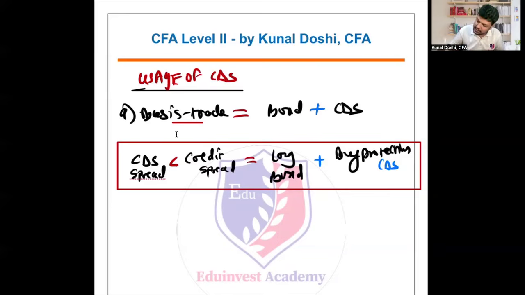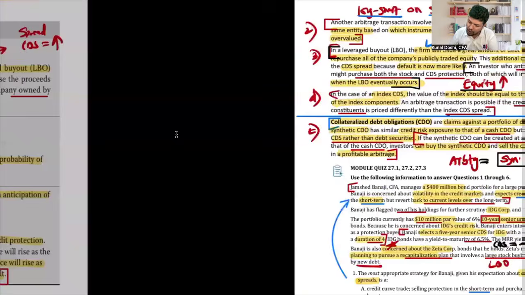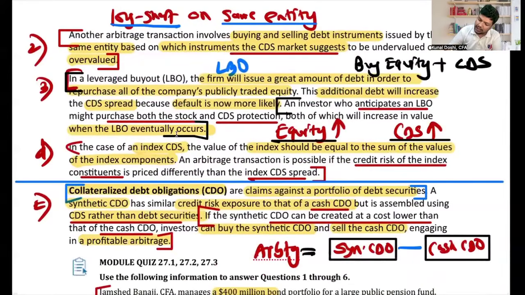Another type is where you buy and sell two different bond instruments of the same company, but of different seniority or different maturity. So this is a basis trade, and then we move on to another arbitrage transaction, which involves buying and selling debt issued by the same entity on which instruments in the CDS market suggest to be under or overvalued.